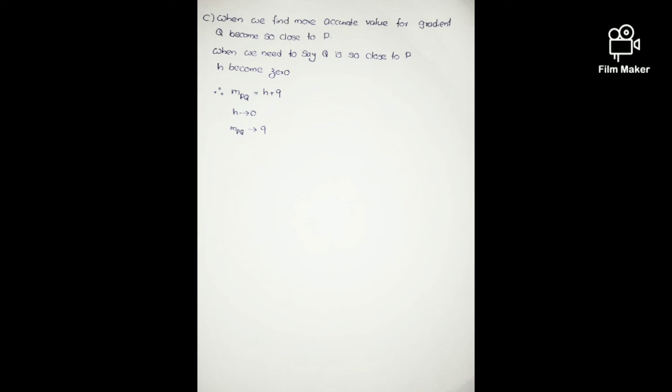If Q becomes very close to P, you can understand that h becomes 0. From question 3 part B, we already found the gradient of the curve is h plus 9. Then if h tends to 0, you can understand that simply the gradient of PQ becomes 9, which is exactly the same as the answer you reached in question 3 part A.